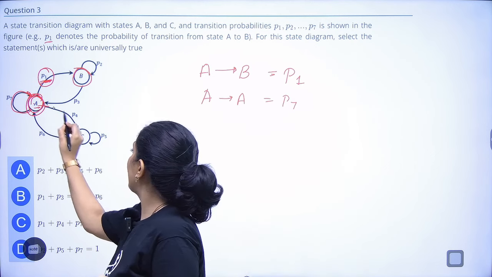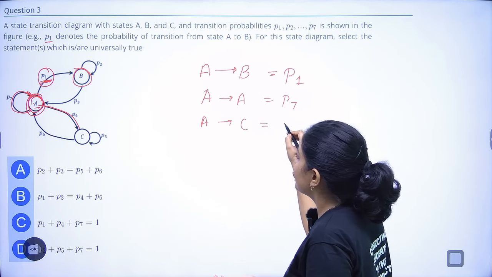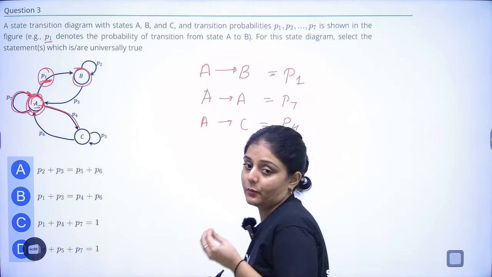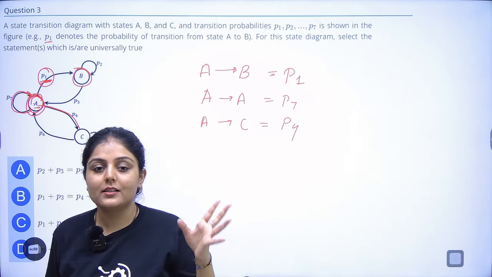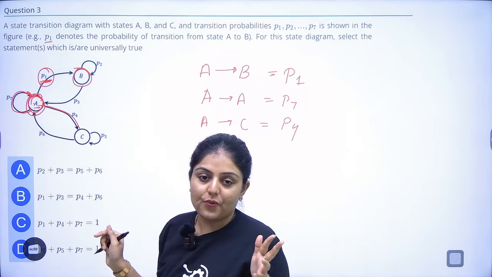If A moves to C, the probability is P4. Here we can see all the output probabilities from state A to any other state are in total 3: P1, P7 and P4.